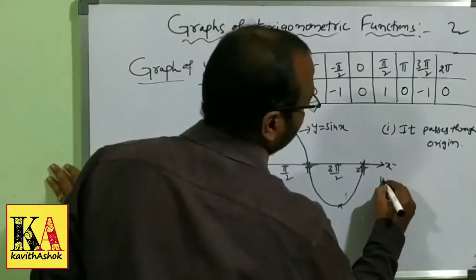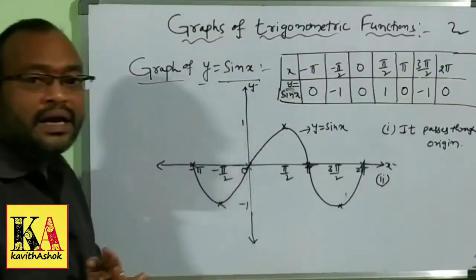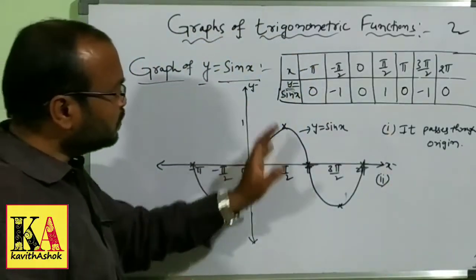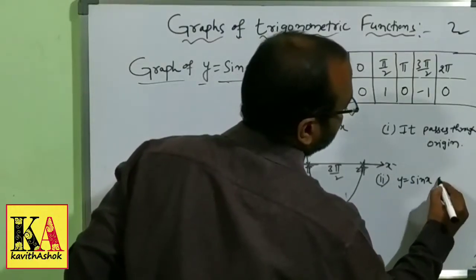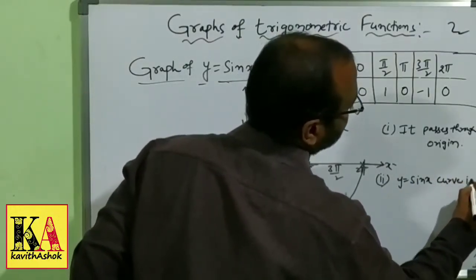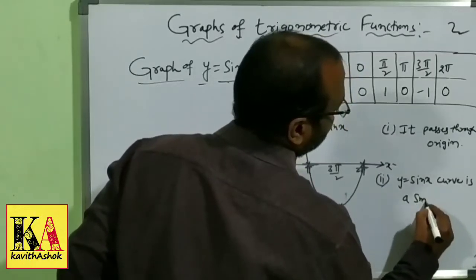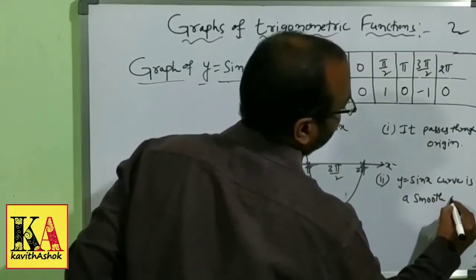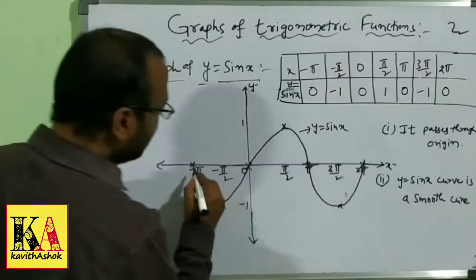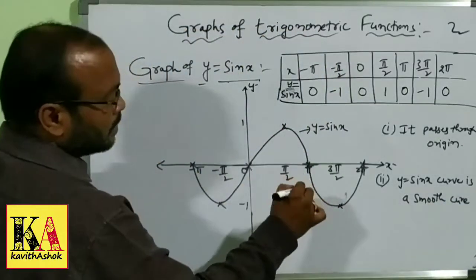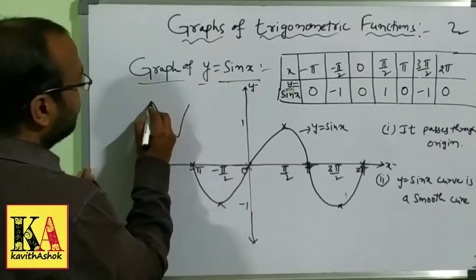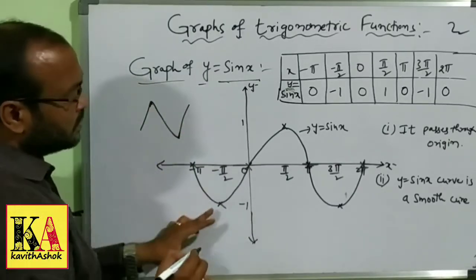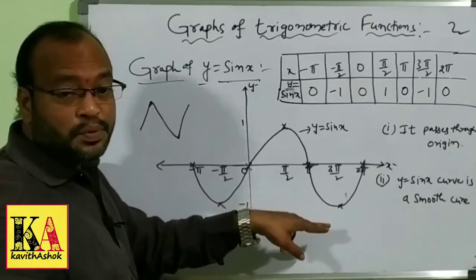Second point: the sin x curve is a smooth curve. Smooth curve means it has no sharp edges. If it were like this, it would not be a smooth curve, because it would make sharp edges. So there is no sharp edge, that's why this is a smooth curve.